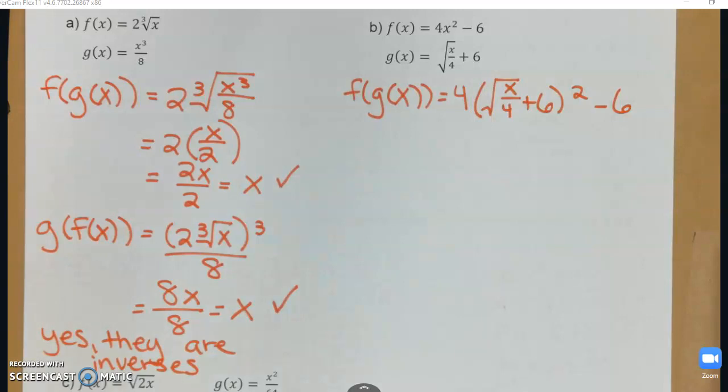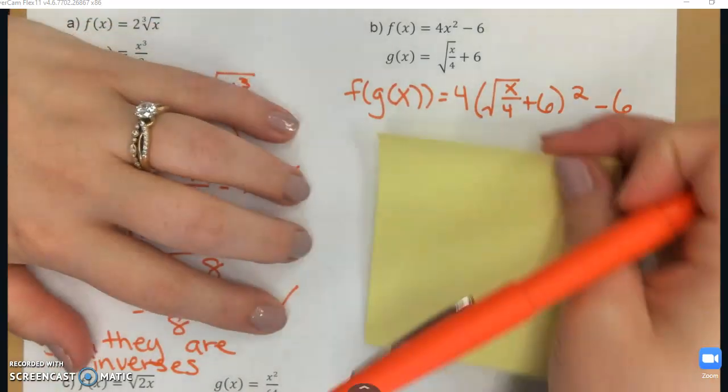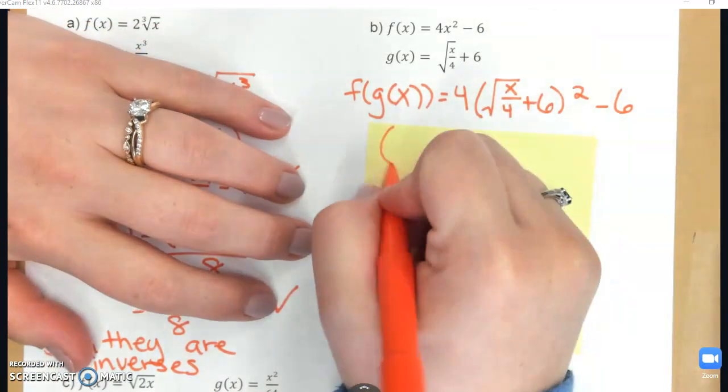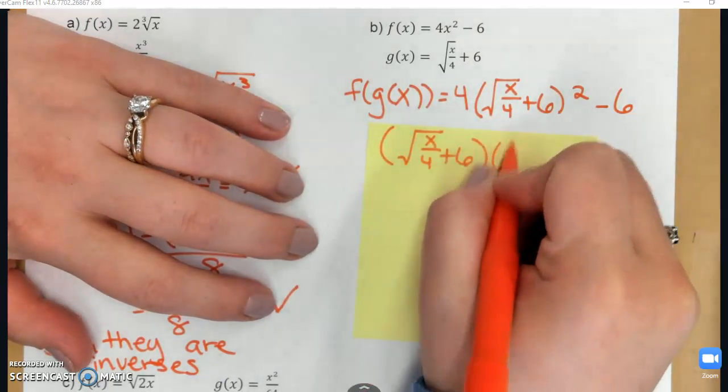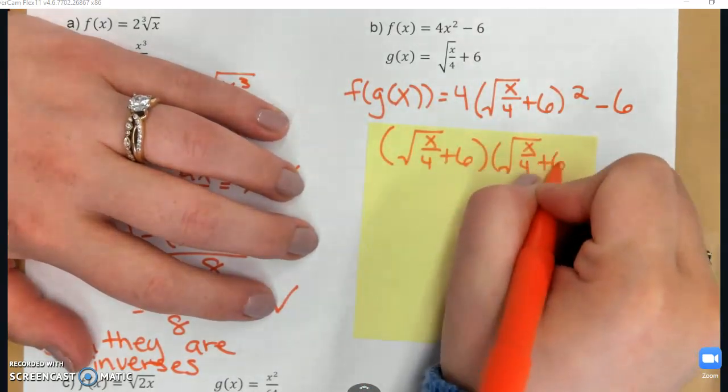Now I'm squaring a binomial, which means I have to FOIL. And when I FOIL this, what I'm going to end up with is a trinomial. So let's show first just the work for the FOILing here. So that's square root of x over 4 plus 6 times square root of x over 4 plus 6.